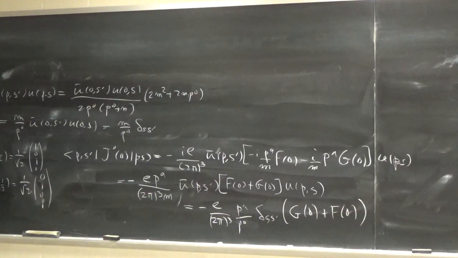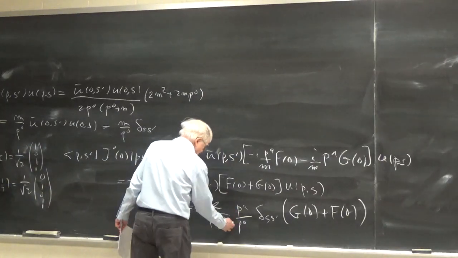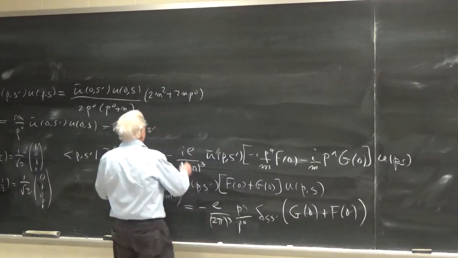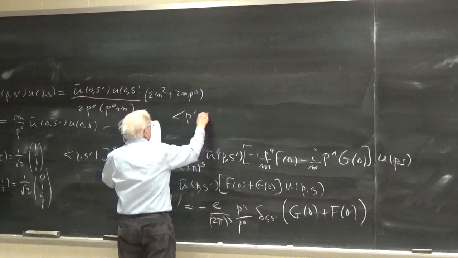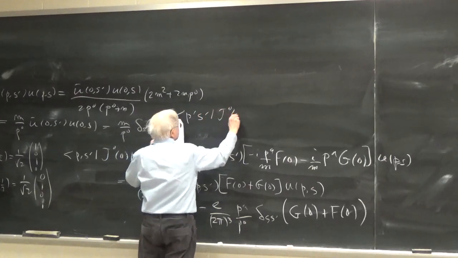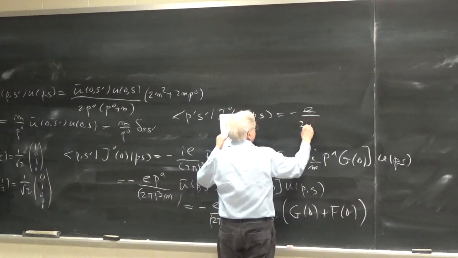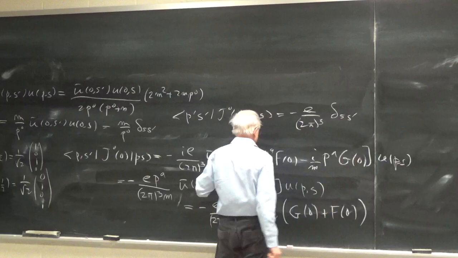Okay, now we're going to set A equal to 0 in this equation. The P's cancel. And we also had the earlier relation, P prime S prime J0 0 P S is minus E over 2 pi cubed delta S S prime.